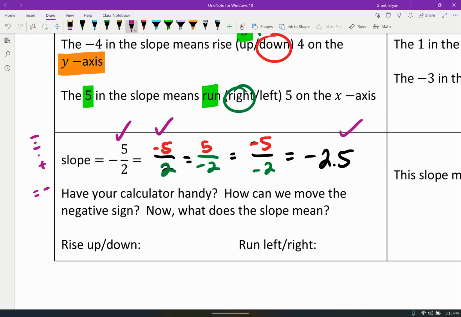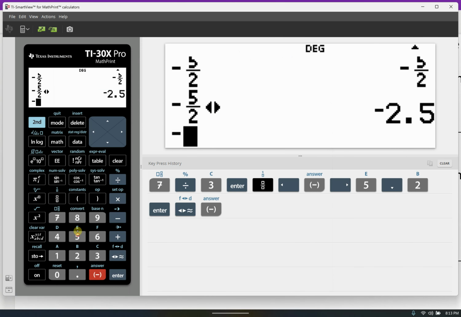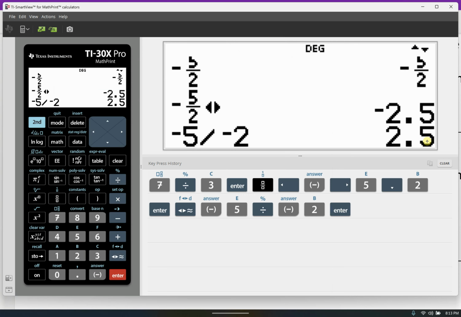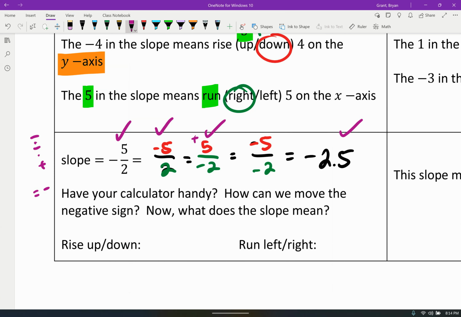So these two are going to match negative 2.5. The third one is a positive over a negative. That's the same thing as this. That is also going to match. But the last one, let's try it on our calculator. Negative 5 divided by negative 2, that's a positive 2.5, which is a different decimal than what we started with. And so this guy, because it's positive, is not right.